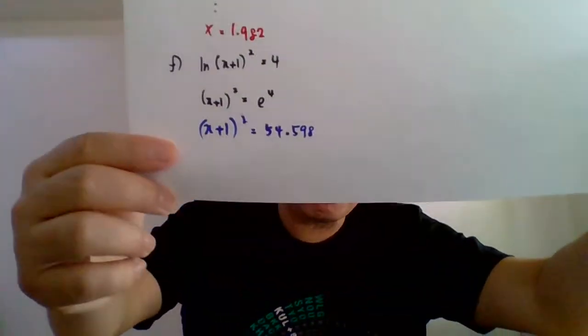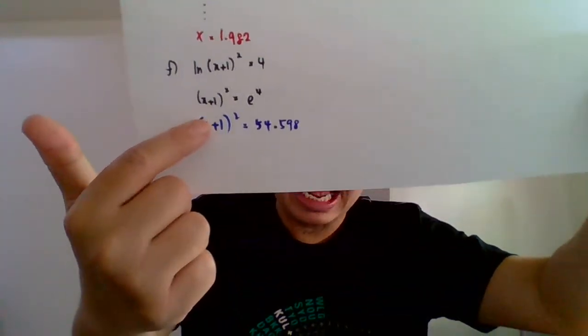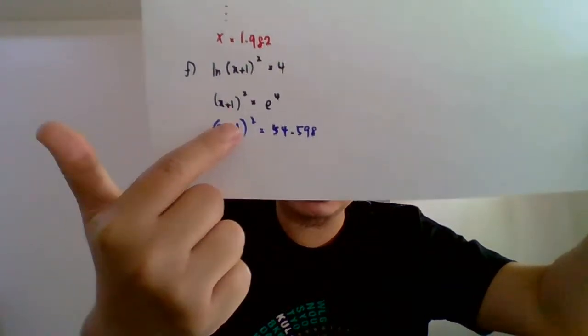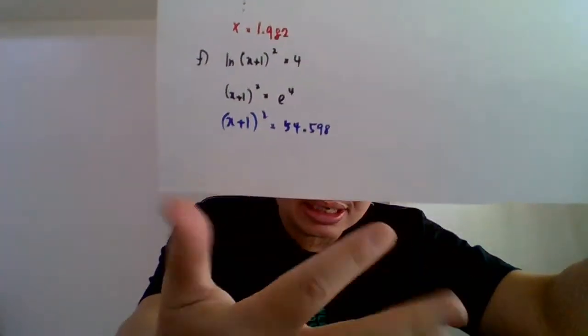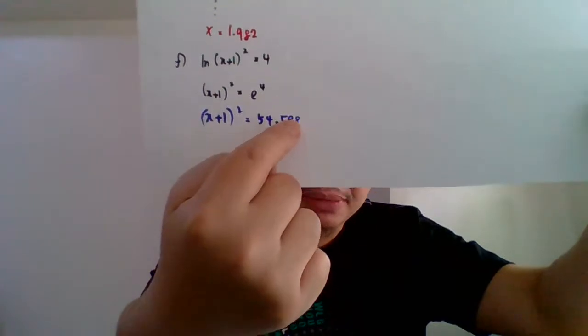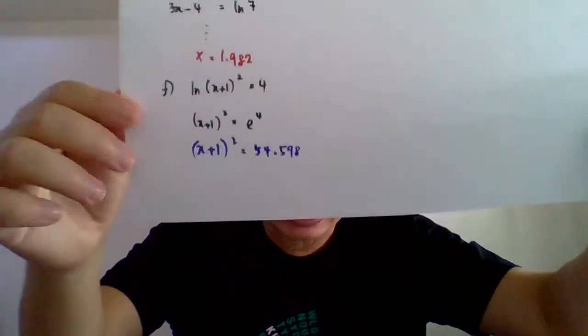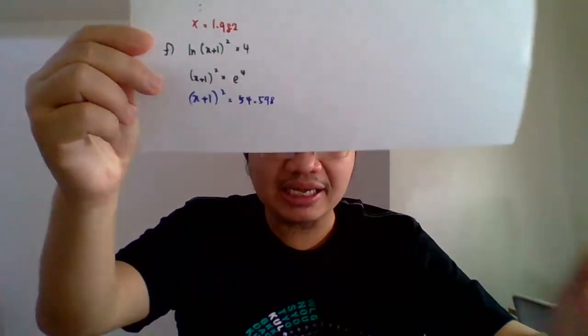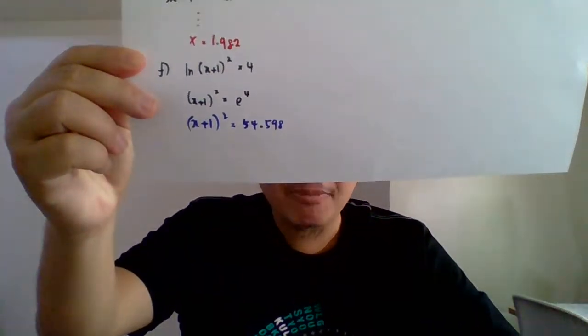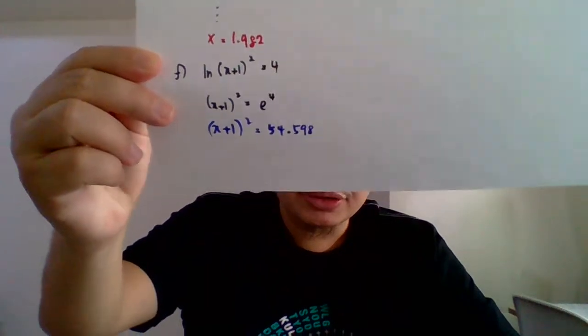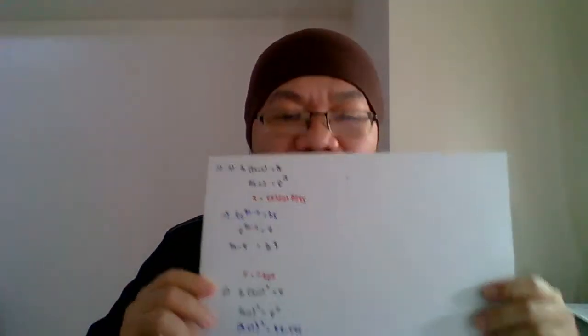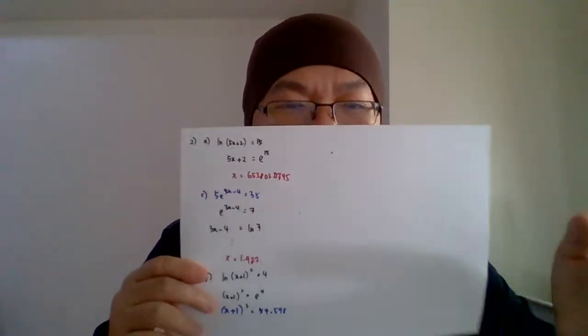So what we can do next is we expand the x plus 1 squared here, and the 54 point something we put on the left side. It becomes a general form, a quadratic equal to 0. What do you need to do after that? Find the roots, the value of x. Use your calculator. So, let's expand this.